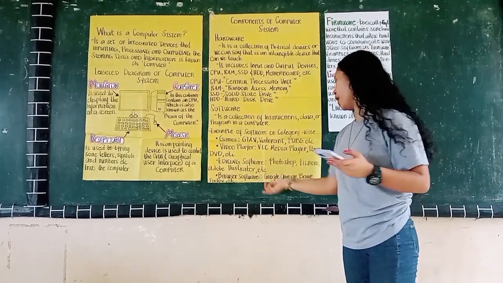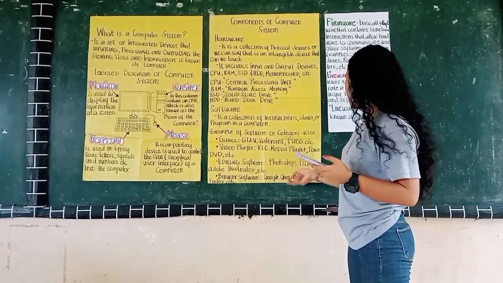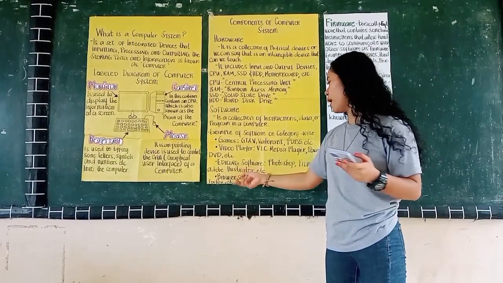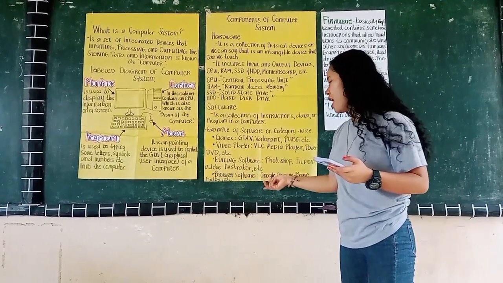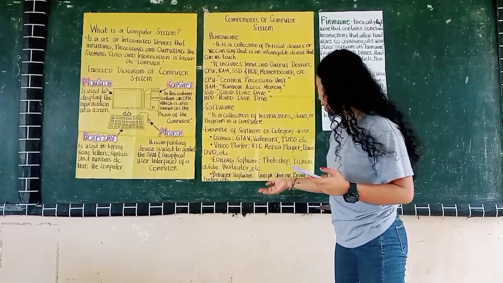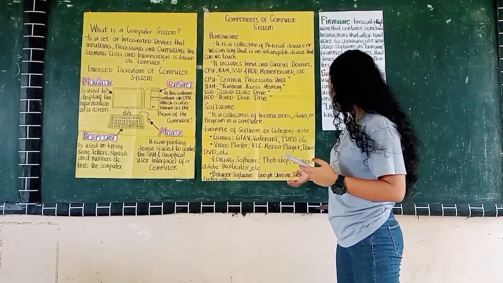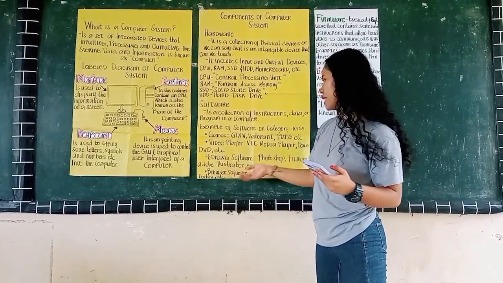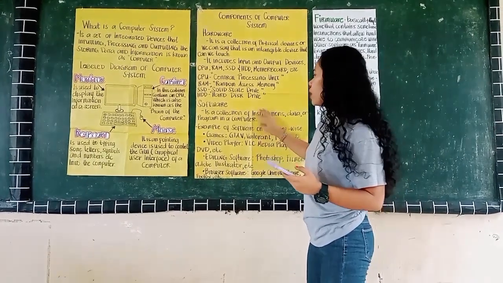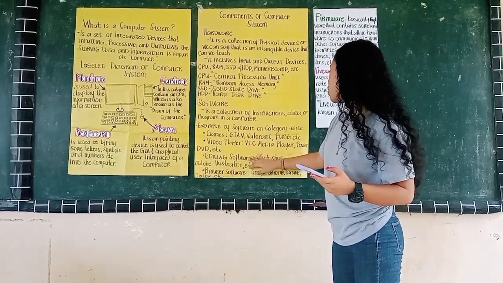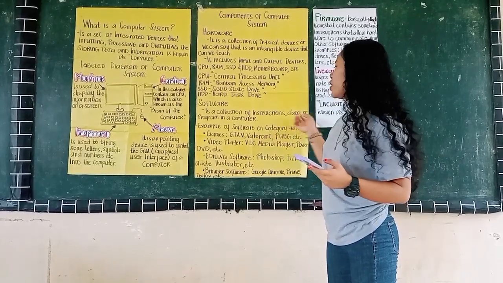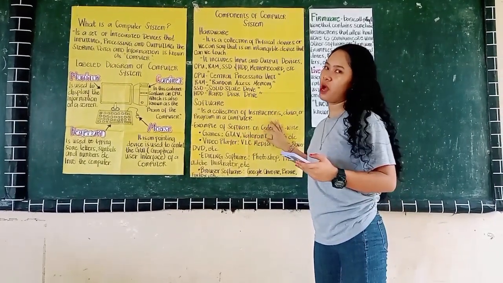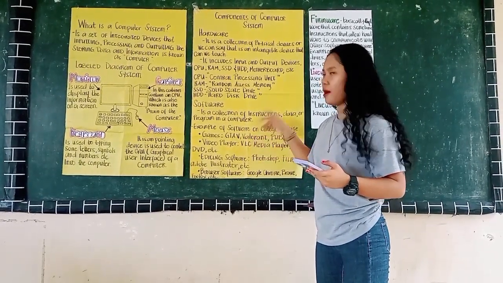In editing software, we can see Photoshop, Filmora, Adobe Illustrator, and many more. And last, the browser software, Google Chrome, Brave, Firefox, and many more. So when we say software, ito yung data or naka-program na sa ating computer na mga application.